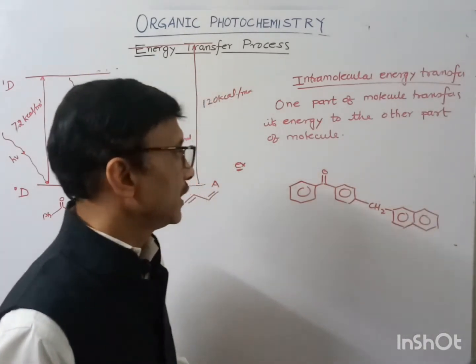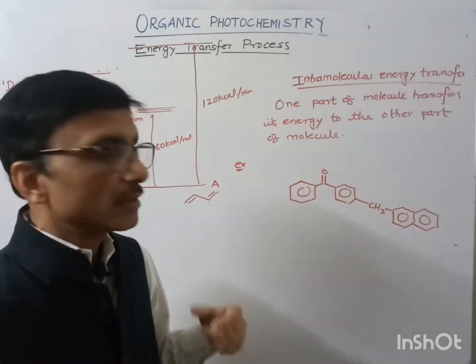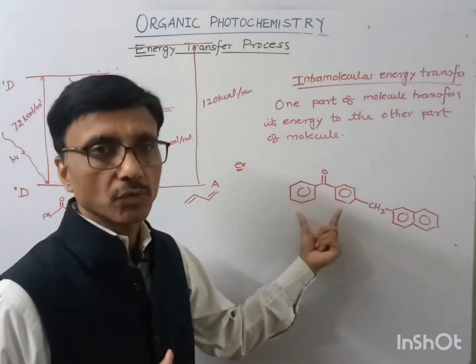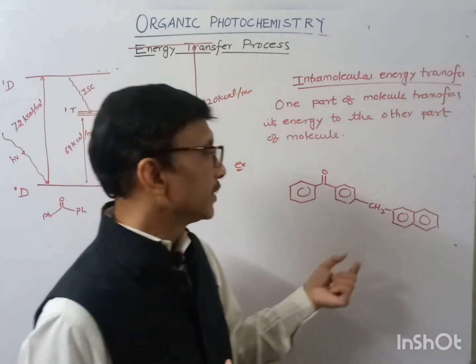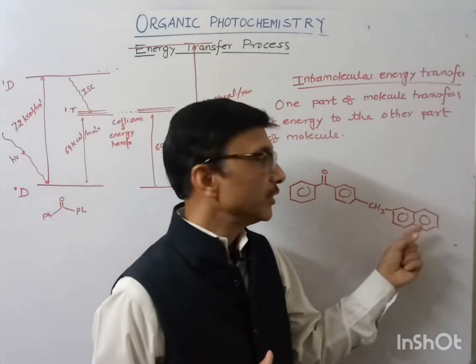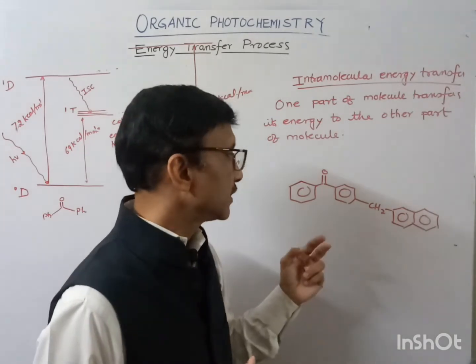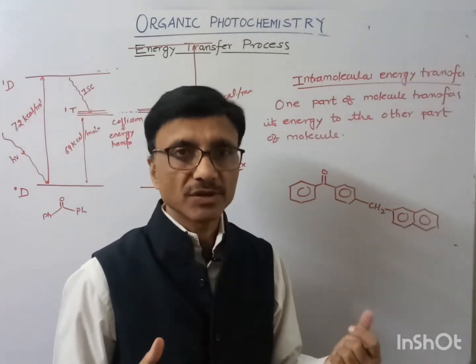Now suppose we irradiate this molecule with a radiation which is absorbed by only benzophenone. Then in the emission spectrum we will get the band due to this naphthyl alkyl part also, and this occurs due to energy transfer, via the triplet energy transfer.